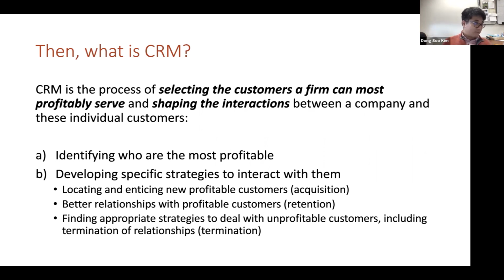In detail, the strategies include how to locate and entice new profitable customers, how to have better relationships with the profitable customers, and how to terminate the relationships with customers who are not profitable anymore, which are called customer acquisition, customer retention, and customer termination.